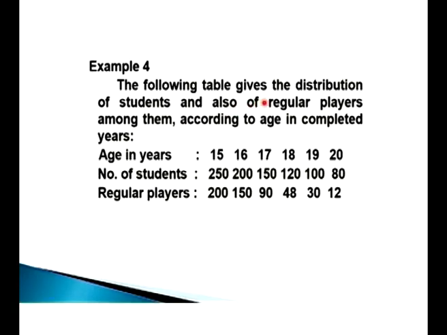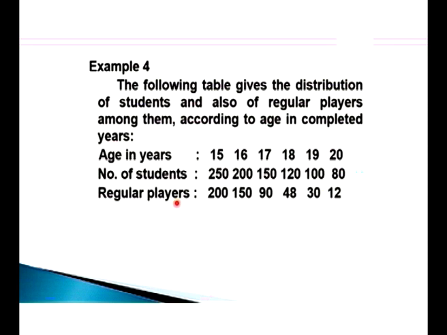Okay. So, what is the attributes given? The following table gives the distribution of students and also of regular players among them according to age in completed years. Age in years is given as 15, 16, 17, 18, 19, 20, and number of students who are in the age of 15 is 250, and who are in the age of 16 are 200, and similarly 150, 120, 180.